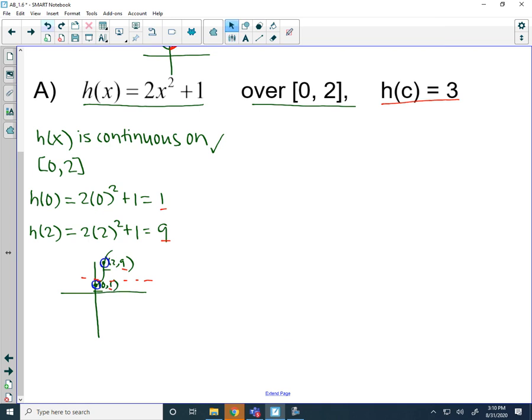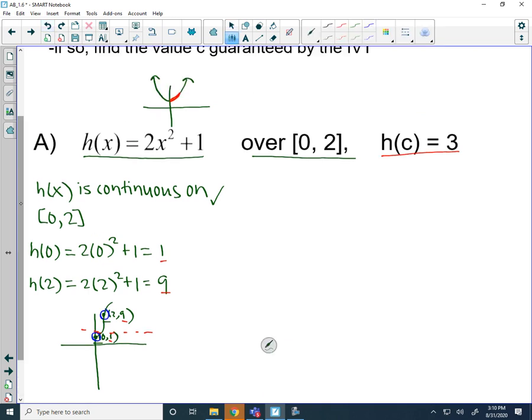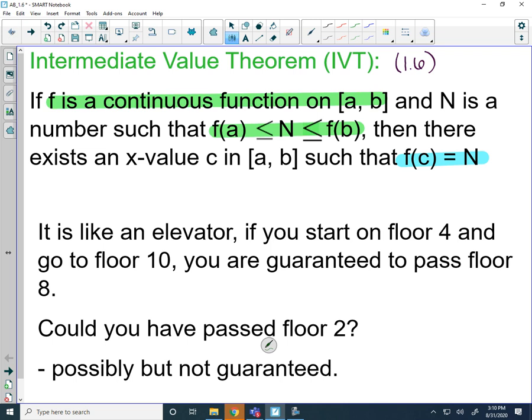So that's like saying in our theorem, this condition is met. We're saying that our smallest endpoint is a y value of 1. Our biggest endpoint is a y value of 9. We're trying to determine if a y value of 3 exists on the graph. Well, it must if we have to get from 1 to 9 without lifting our pencil.